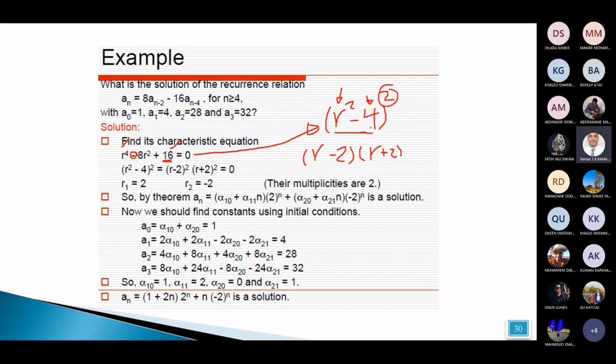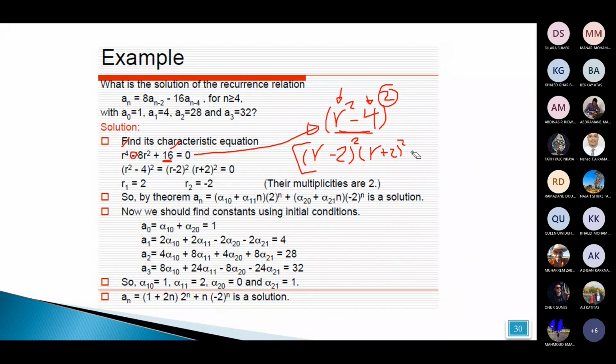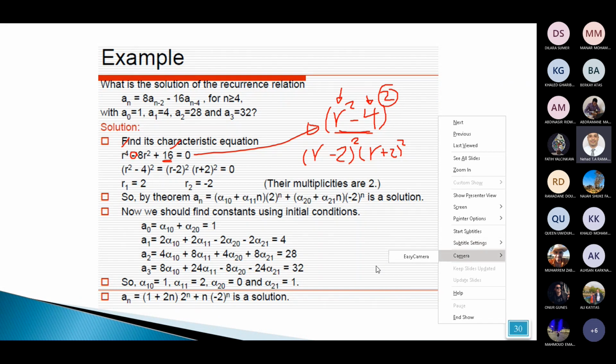This is the difference of squares. Then put this inside power 2: you can put the power 2 on each factor and remove the power from outside. So we solved the equation.